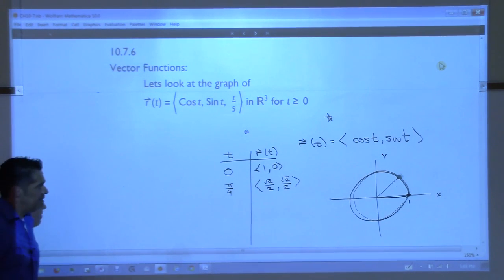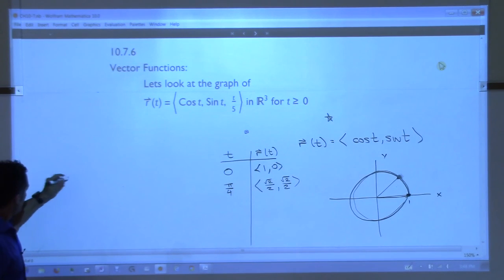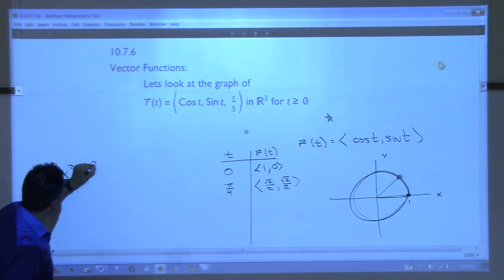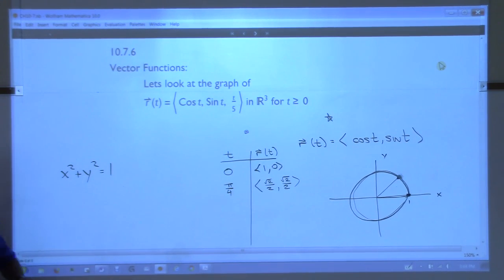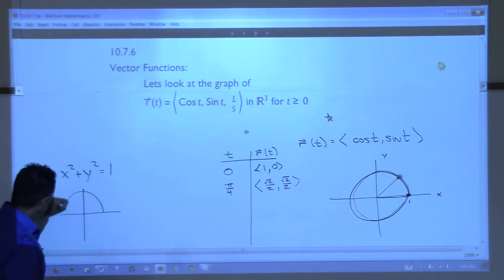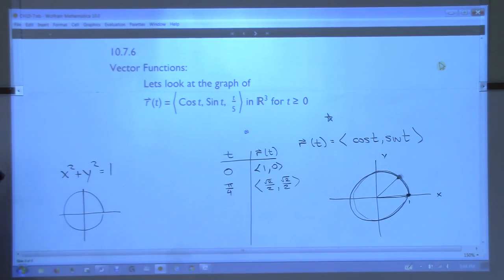So I have a very profound question to ask you. When you look at this thing right here, that is a circle, right? Yes. Back in college algebra and pre-calculus, in Calc 1 and Calc 2, when we look at this, we would say that this curve is not a function of x.